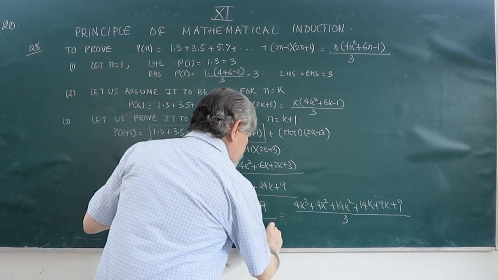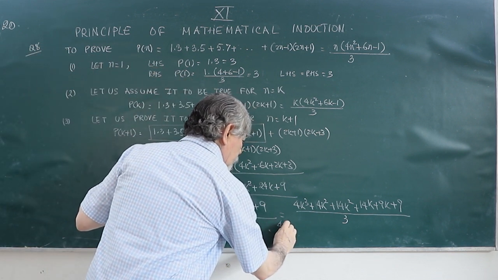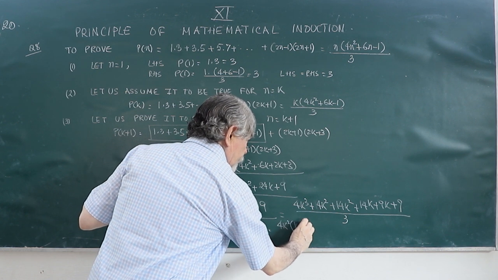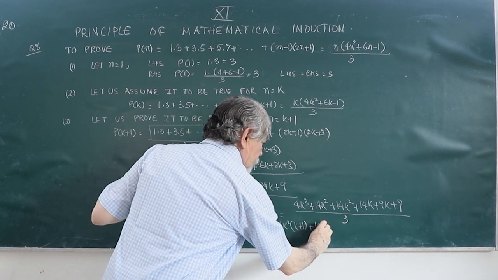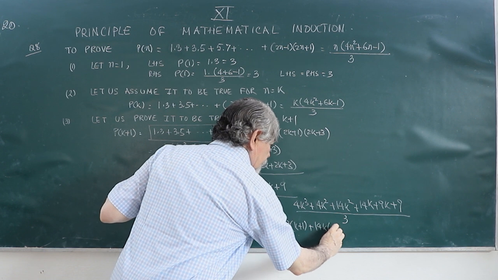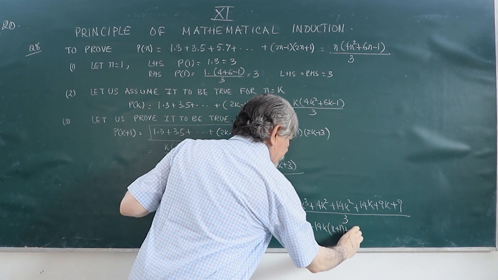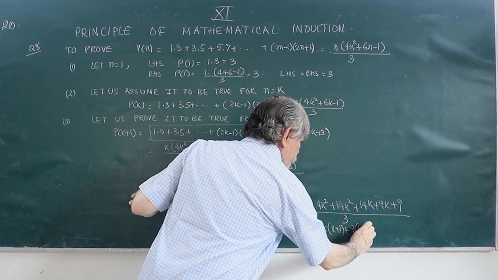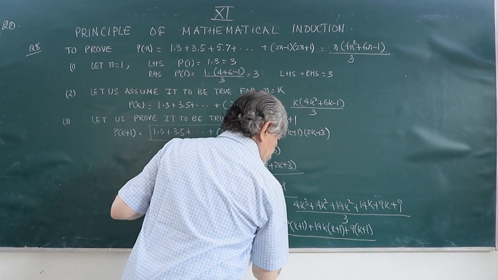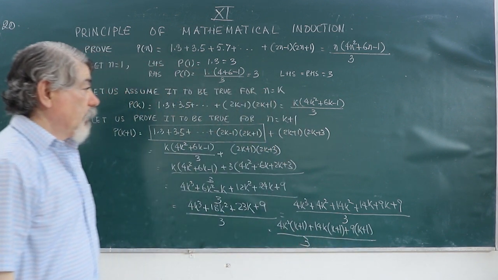So take 4k squared common, it will leave k plus 1. Take 14k common, it will leave k plus 1, and 9 common, k plus 1, upon 3. What will you get?